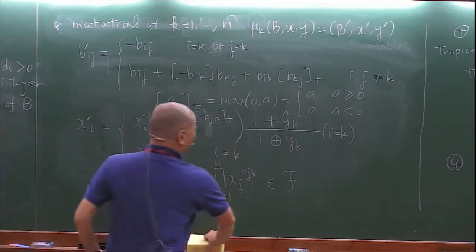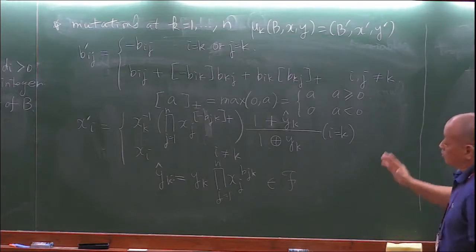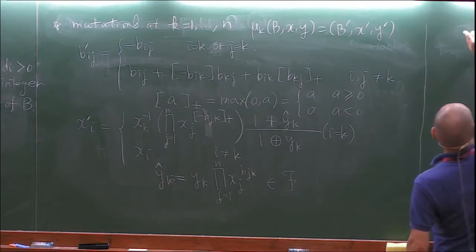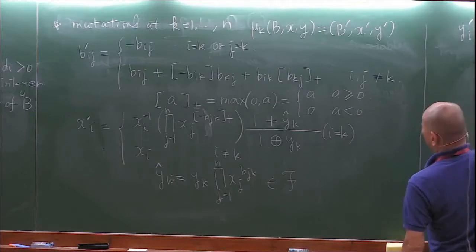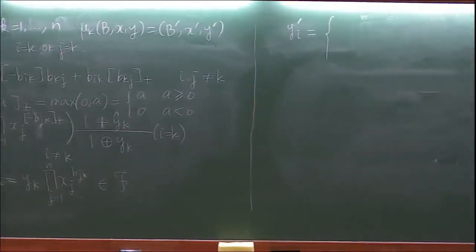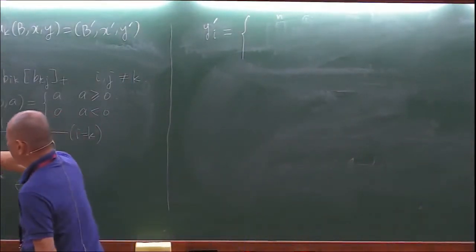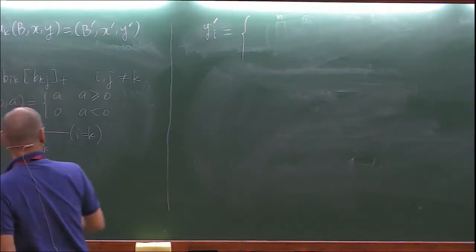One more thing. Please don't be overwhelmed by this ugly formula. It's actually a very good formula, and every part has a good meaning, but I will maybe have a chance to explain it later. The y hat variable is a kind of dual variable. The x variable is complicated here, but the y variable is complicated on the other side.